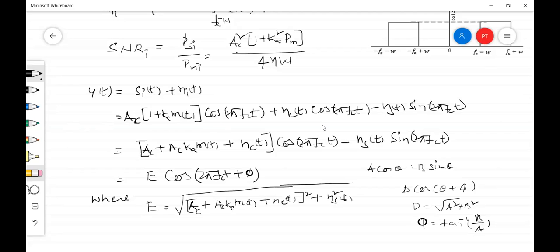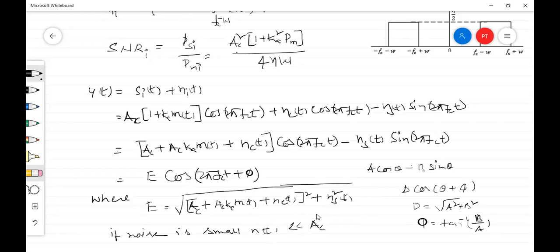And here, if noise is small, what about these two terms? When noise n of t is very small compared to the amplitude of the carrier, then we can neglect this term, by comparing with this term, because this term has AC into and so on, and AC is very large compared to the noise component.